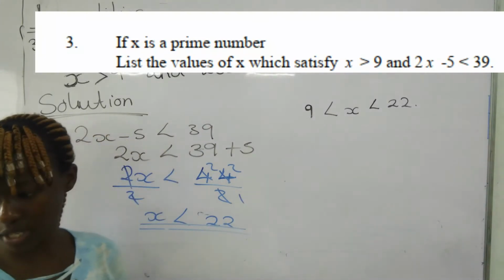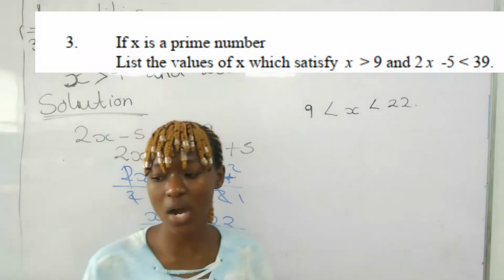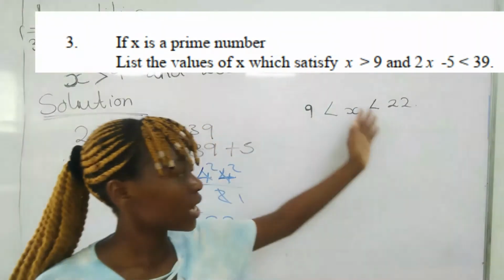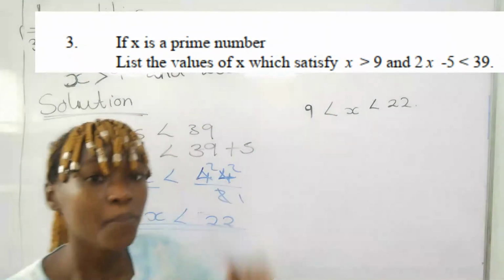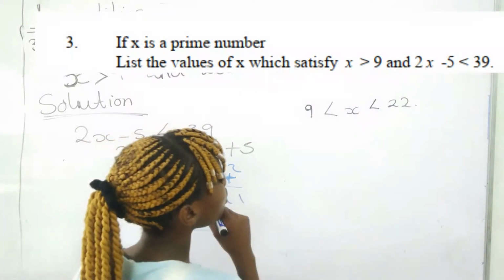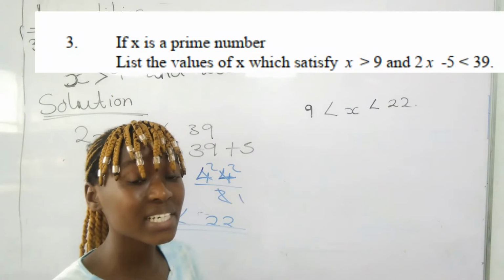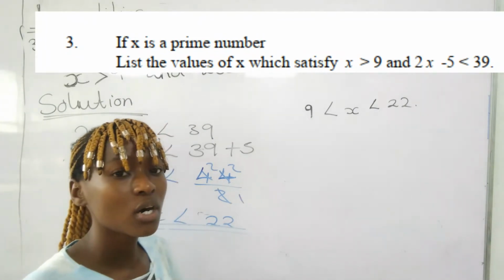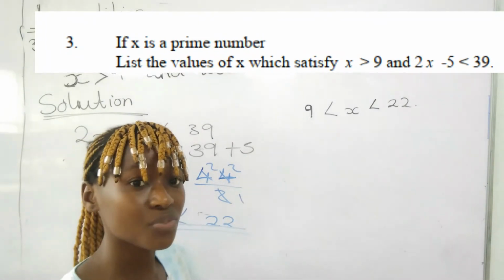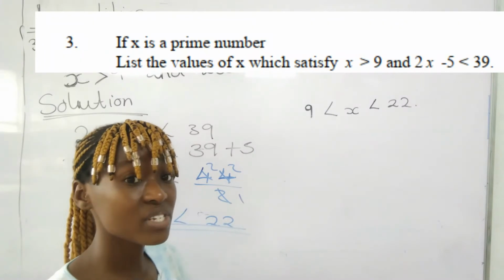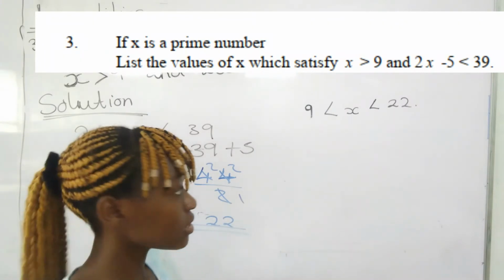Now it requires us to list the values that are within this range, and the values also have to be prime numbers. Prime numbers are numbers that can only be divided by 1 and themselves.